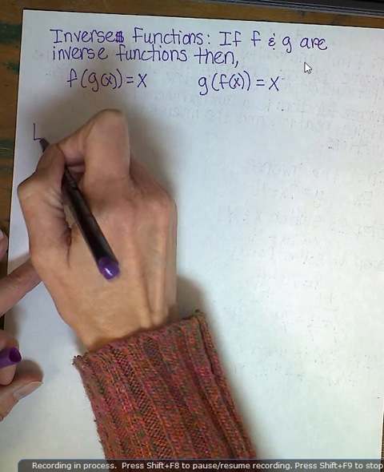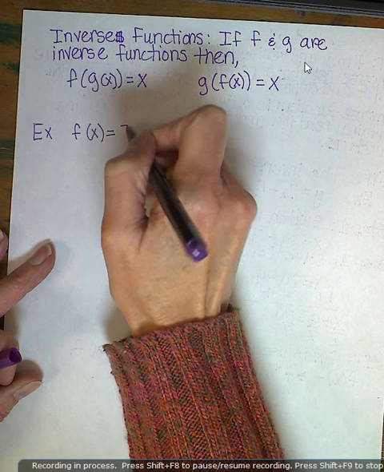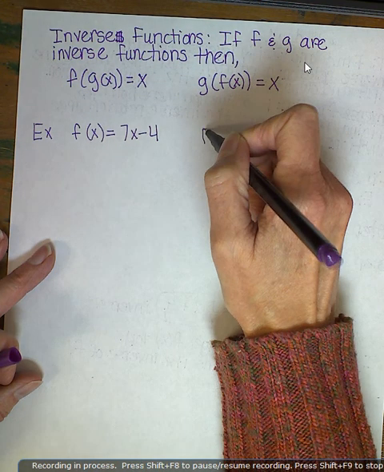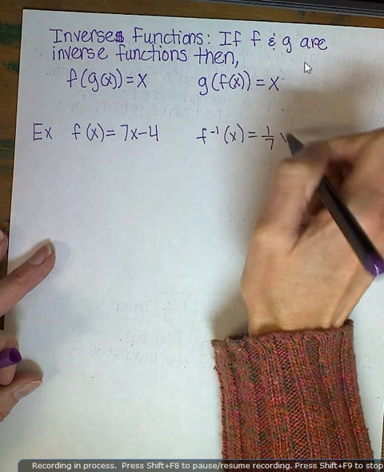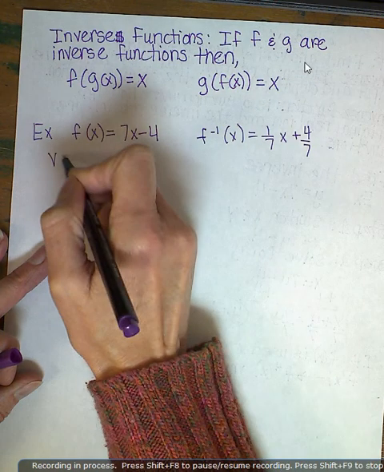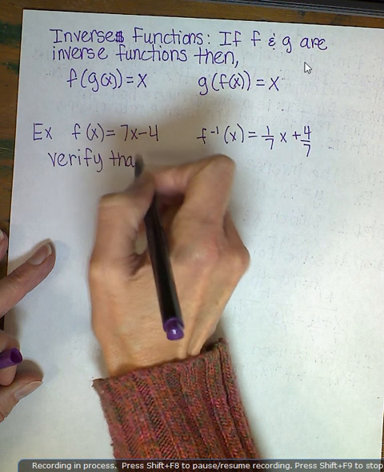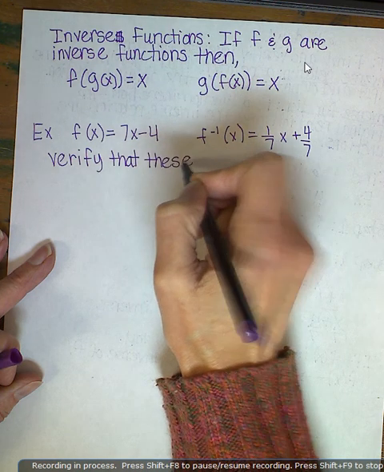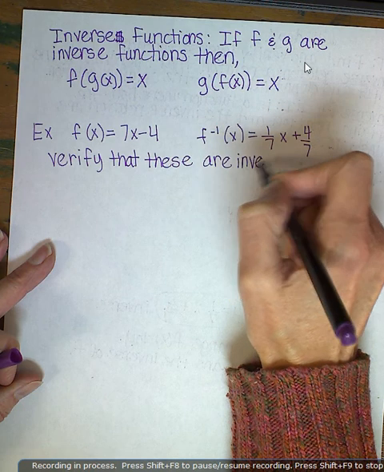So for another example, let's go back to the original function we had in example 1, and then we found the inverse function, and we found it to be 1/7 x plus 4/7. So if I want to verify that these functions are inverses, I need to do the composite functions.